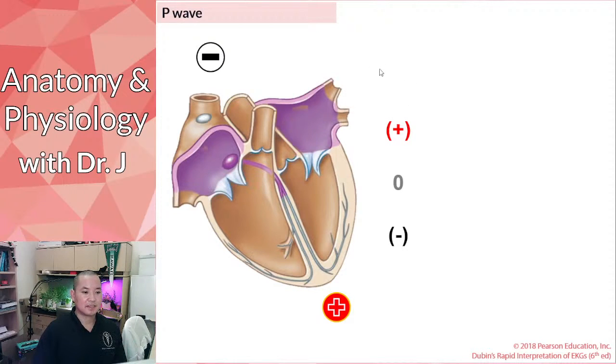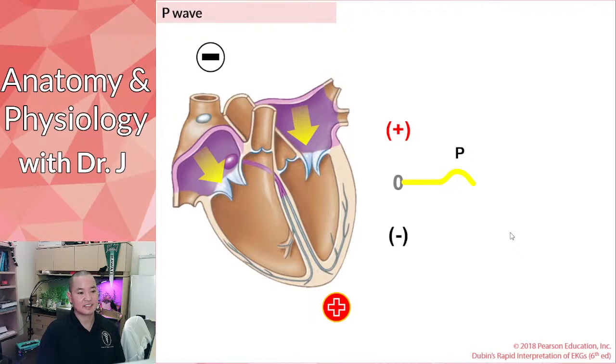That depolarization is going to spread this way, because it's going from the SA node along these internal pathways and down to the AV node. So we have all these depolarizing cells becoming more positive, spreading from the base and superior down to inferior.